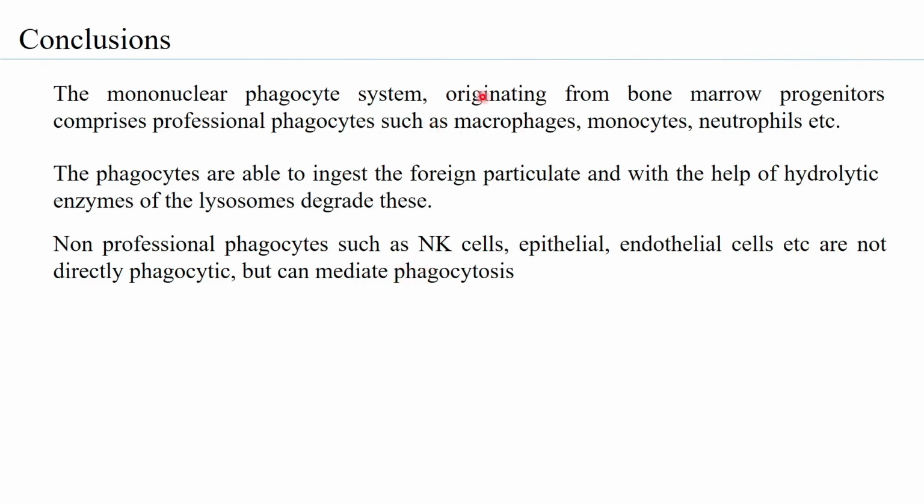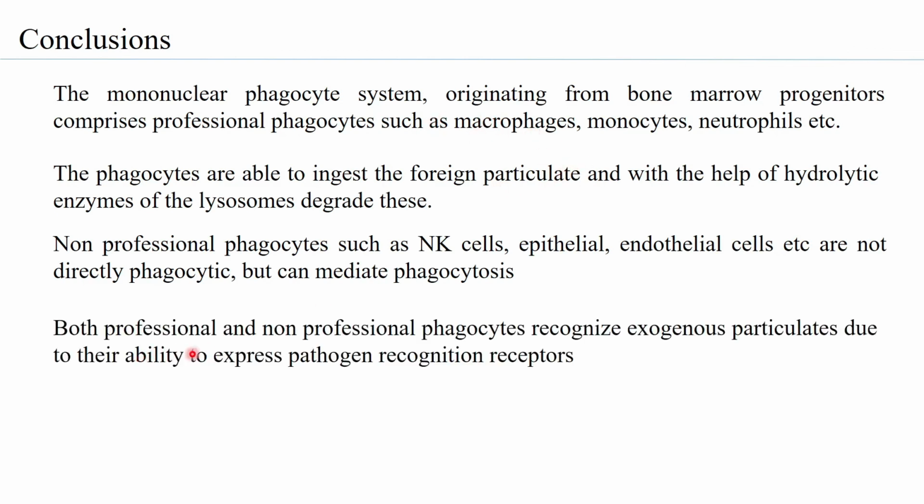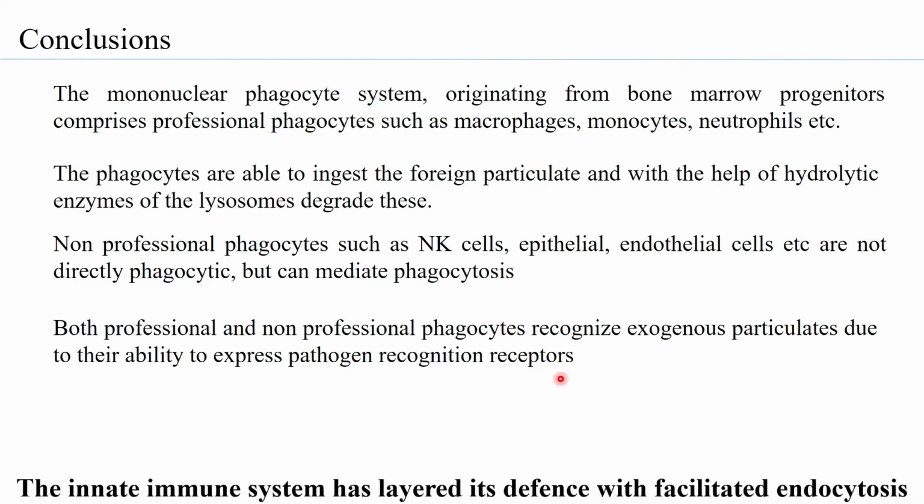Another note over here is that dendritic cells also can take up antigens, and they can act as antigen presenting cells along with macrophages. So both professional and non-professional phagocytes recognize the exogenous particulates due to their ability to express pathogen recognition receptors.